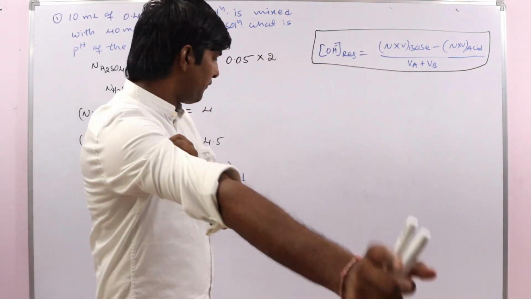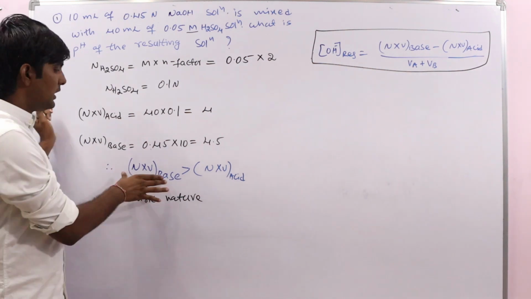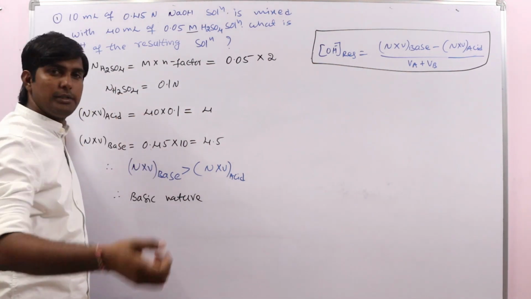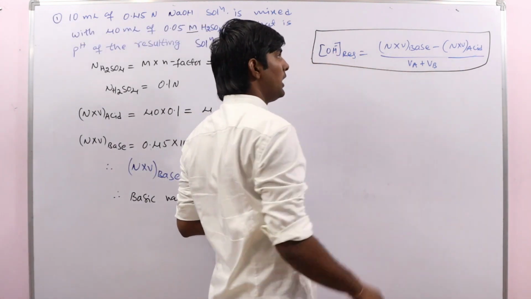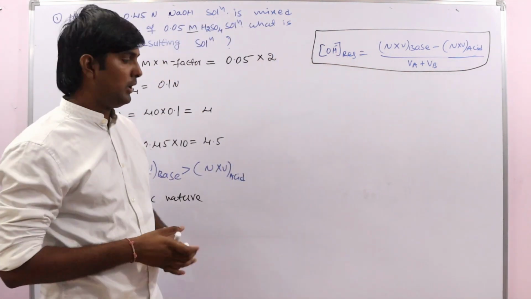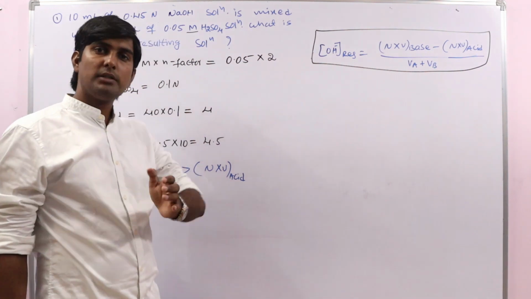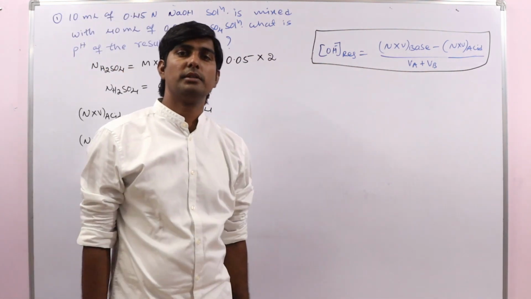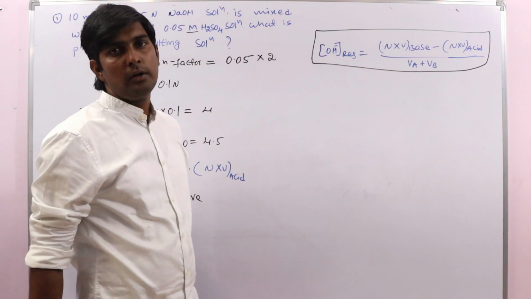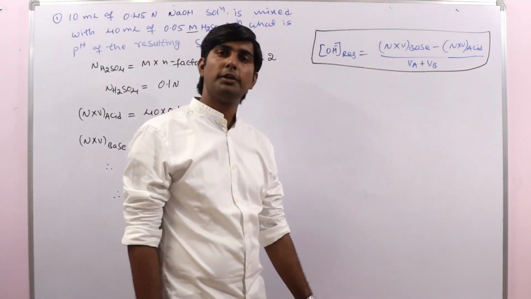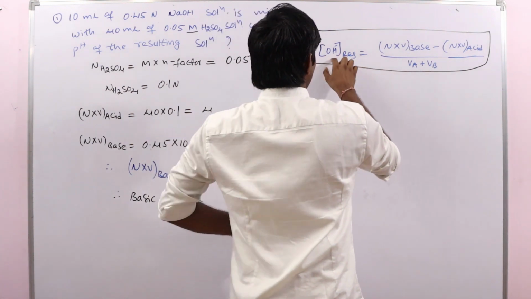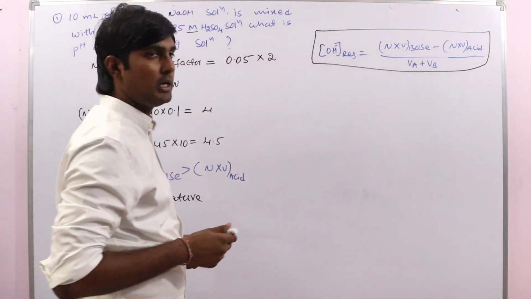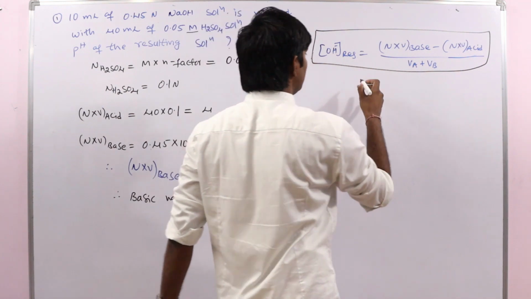Simple: if base equivalents are more, basic nature, it means in the final solution we should calculate the OH minus ion concentration. If number of equivalents of acid is greater than base, like the previous case, we get the acidic nature. In that case we calculated H plus ion concentration. So here the OH minus ion concentration in the resulting solution is this formula.